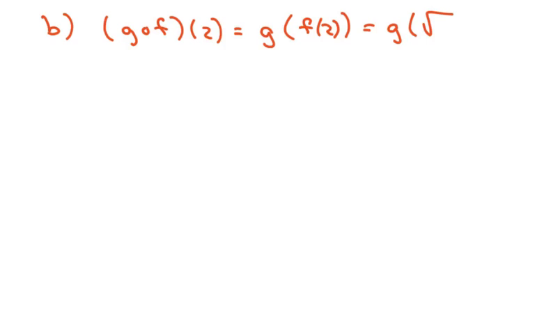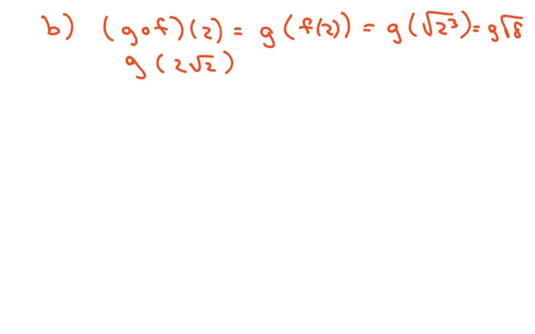B is going to be g of f of 2, which equals g of square root of 2 cubed, which equals g of the square root of 8, which equals g of 2 square root of 2.